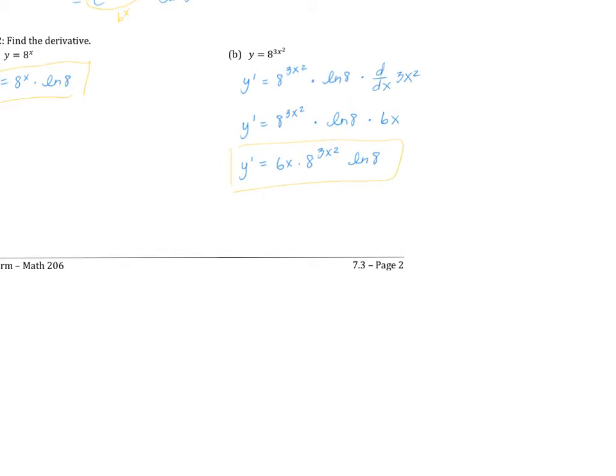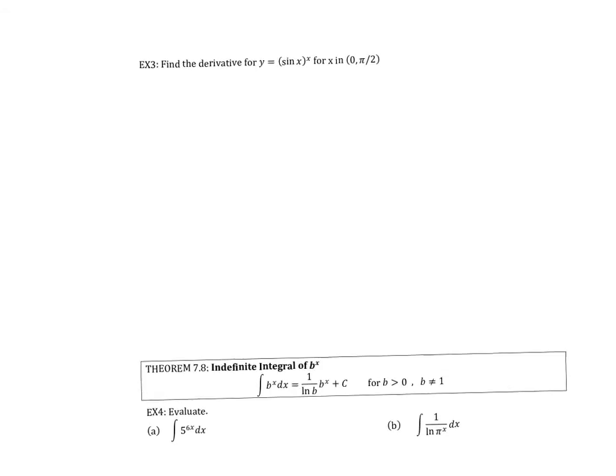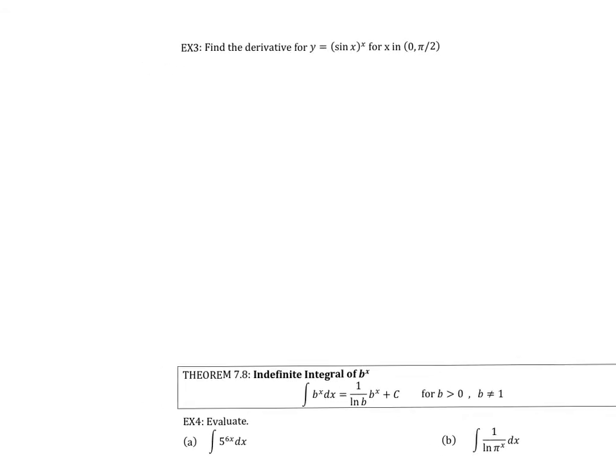Okay, let's go on to the next page. This is a really nice example, example number 3, because notice that y is sine of x to the x power. It doesn't fit the criteria of what we did before, because the base is a function of x.